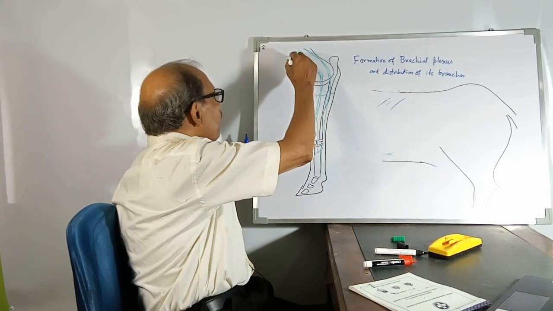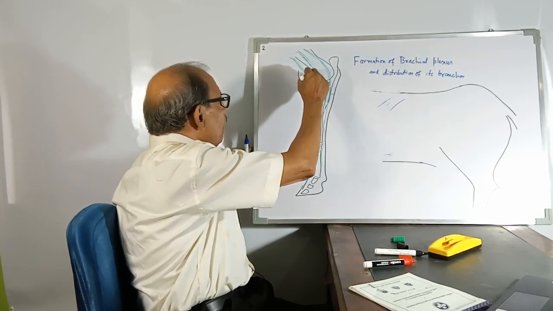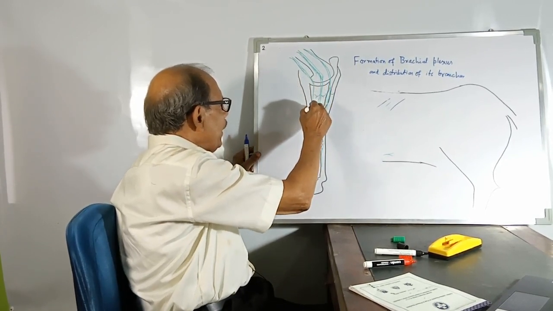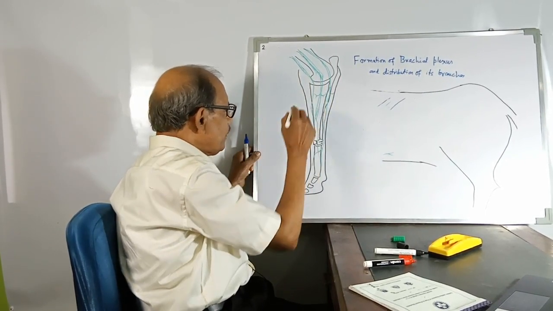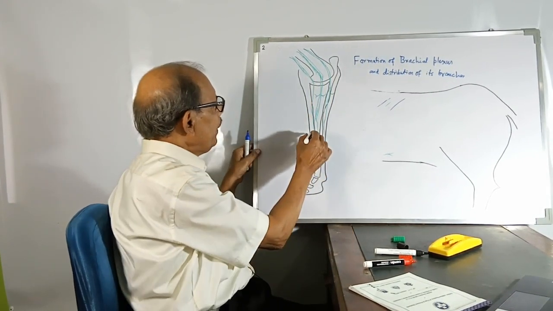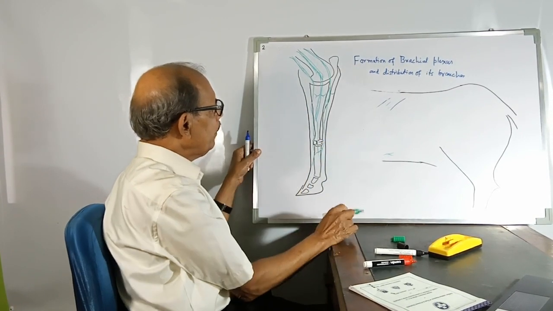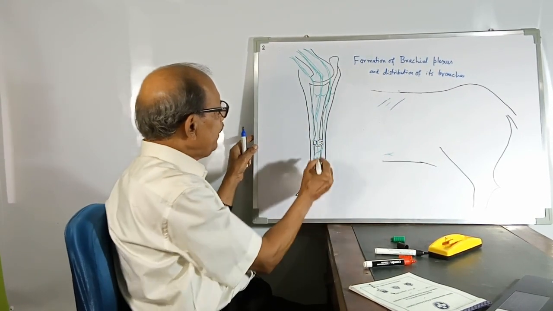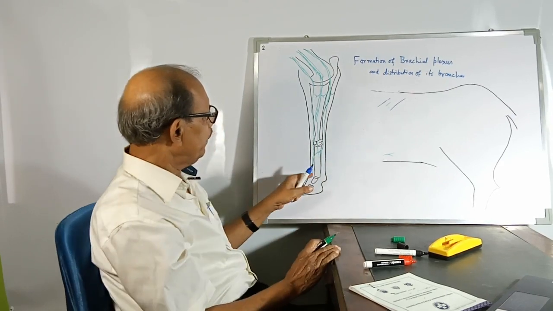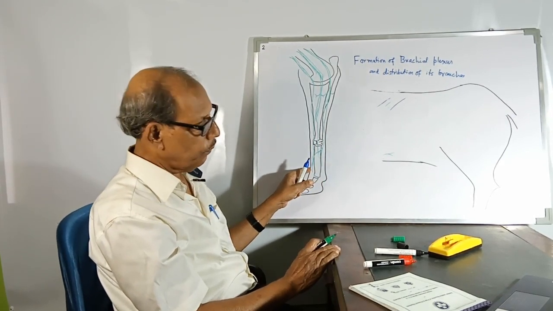The radial nerve, it is also coming down. It will be situated along the anterior border of this radius. It will also cross the carpal region and will go along the anterior aspect of the metacarpal bone.